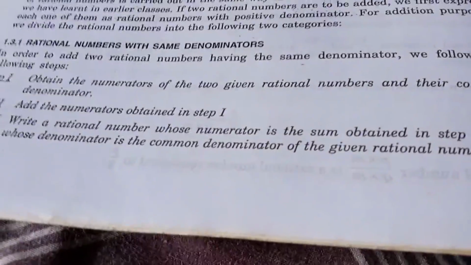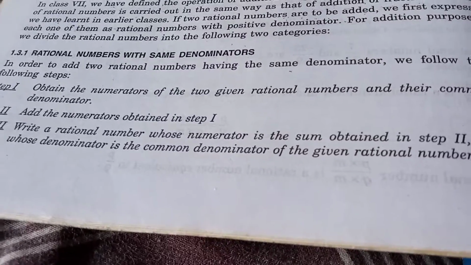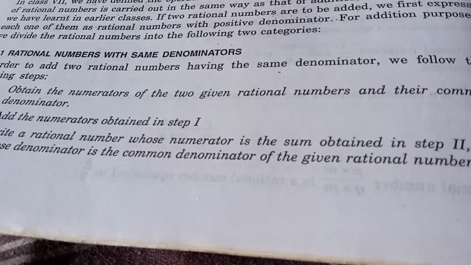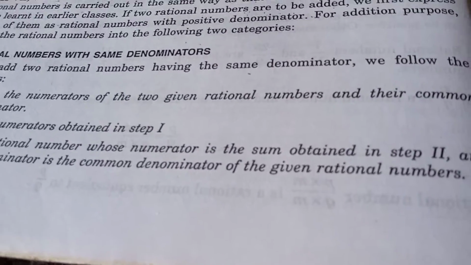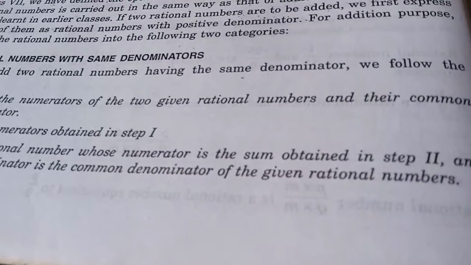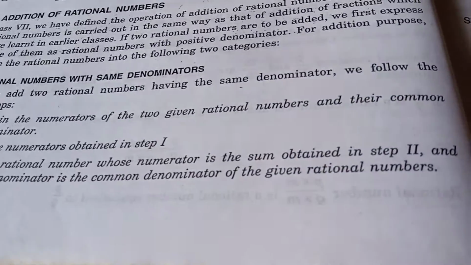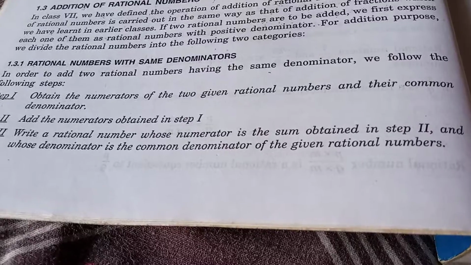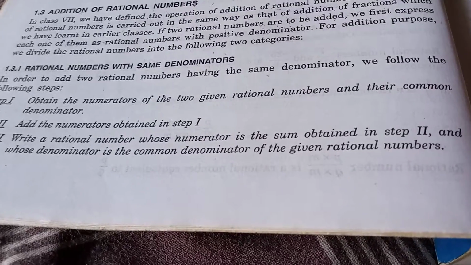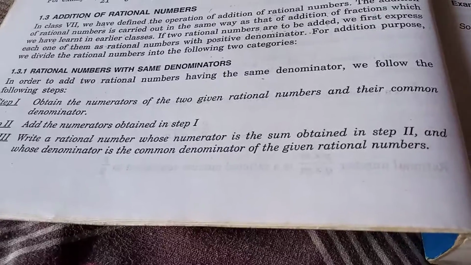Write a rational number whose numerator is the sum obtained in step 2, and whose denominator is the common denominator of the given rational numbers. In step 1 we found that the denominators are the same, so write that denominator. The numerator is the sum obtained in step 2, because we added the numerators.